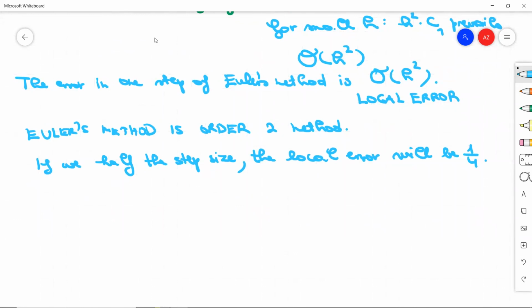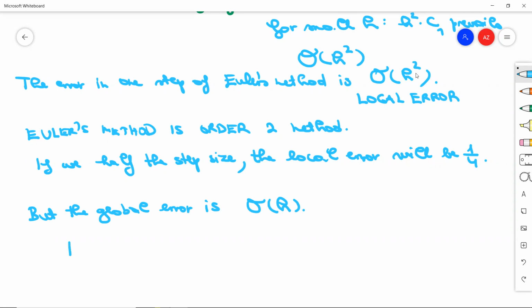But the global error, so the local error is of order 2, but the global error is O of h. Why? Because we are summing up local errors, and the number of steps is inversely proportional to h.